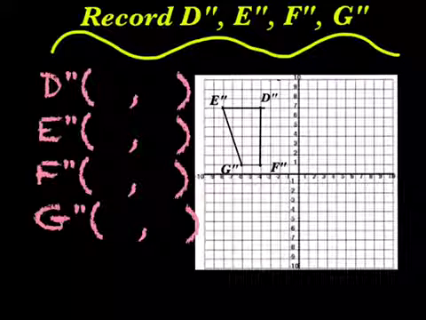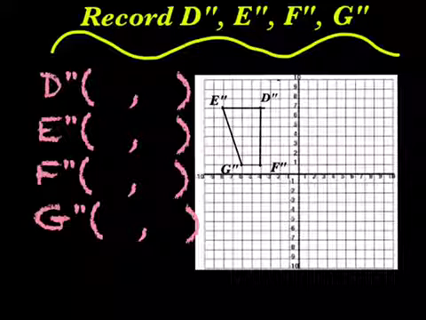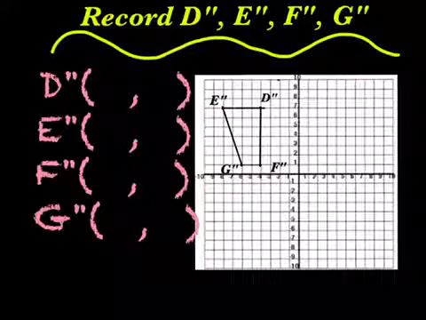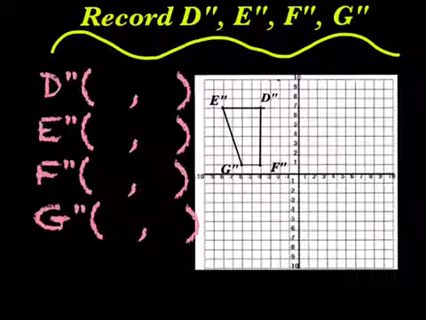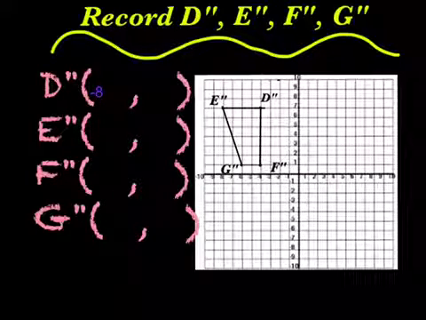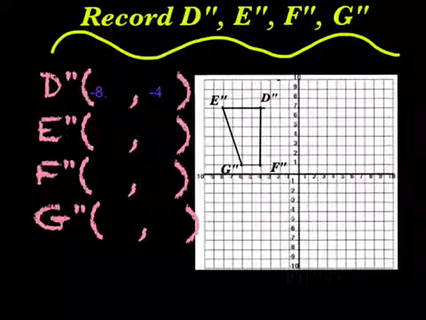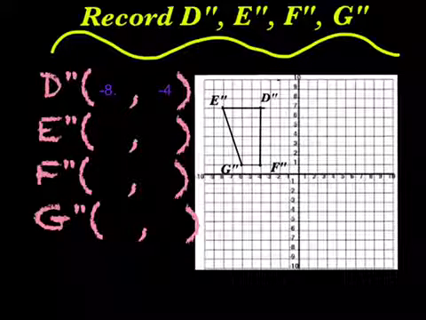Okay, so here, let's record D double prime, E double prime, F double prime, and G double prime. I have it over there towards the right for you. So we're going to write that in. D double prime is (-8, -4).